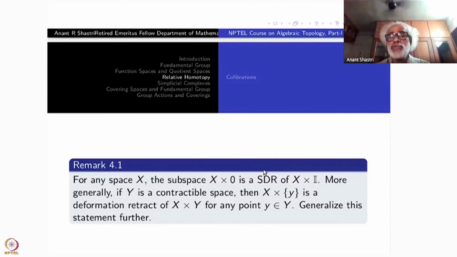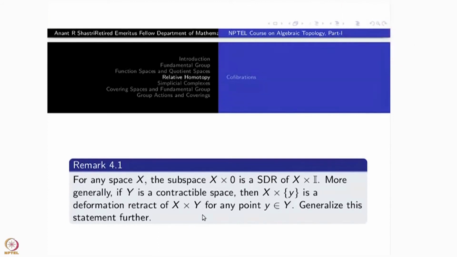So X cross little y will be a strong deformation retract of X cross capital Y. The homotopy deformation retracting Y can be used to prove this, without moving the points of X. Maybe you can generalize this one further.